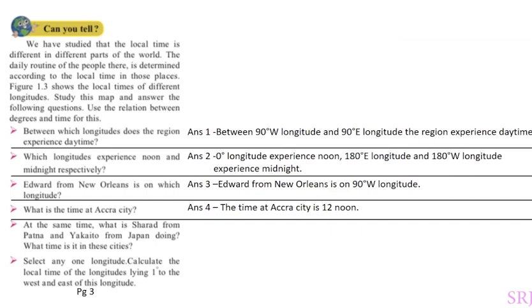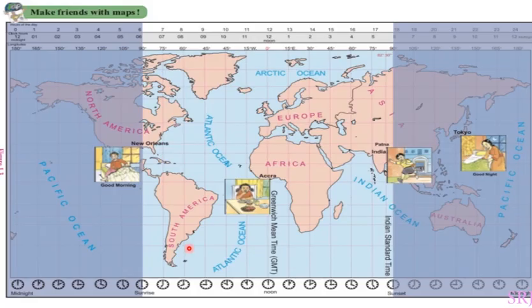Question number 5. At the same time, what are Sharath from Patna and Yakaito from Japan doing? What time is it in these cities? So let's go back to the map. In India, Patna is here. So it is around 5:30 p.m. at Patna.